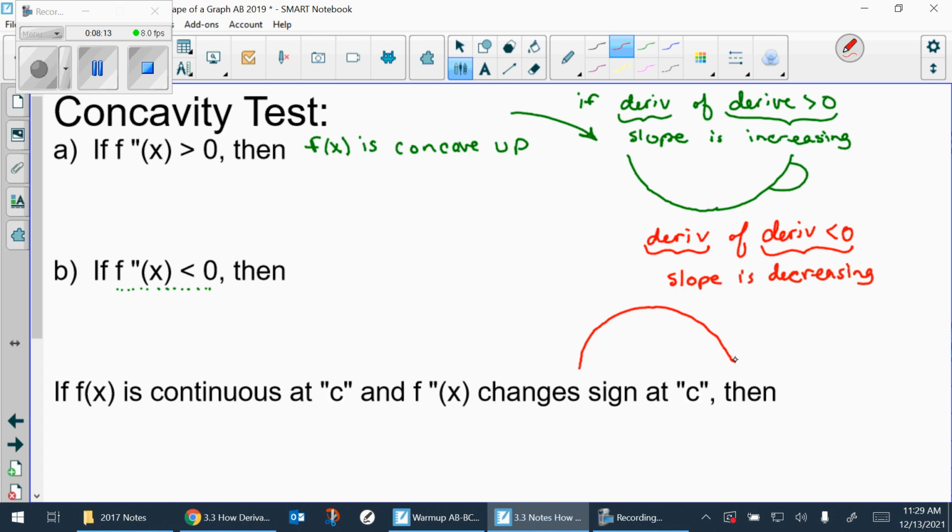That's what this situation looks like. When the second derivative is less than 0, then the original function f of x is, and another vocabulary term here, concave down.